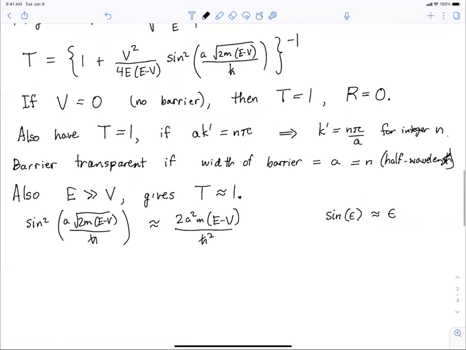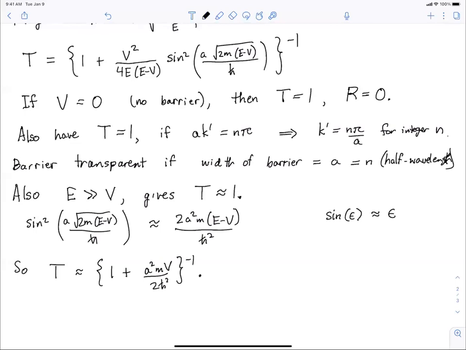So in that limit where the energy is very large, the transmission coefficient is approximately 1 plus a little bit. And you have to take the reciprocal, of course, because T has to be less than 1, can't be greater than 1.